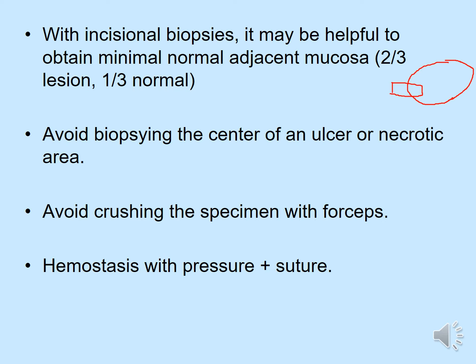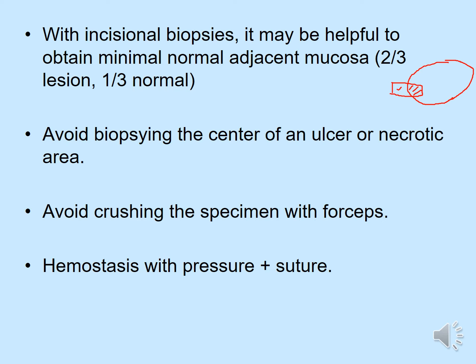This is the lesional tissue here, and this is the normal tissue. This is done so that we can compare the lesional tissue with the normal tissue, and in many cases where we want to know the cell of origin of this lesion, it is very important to keep this rule in mind.